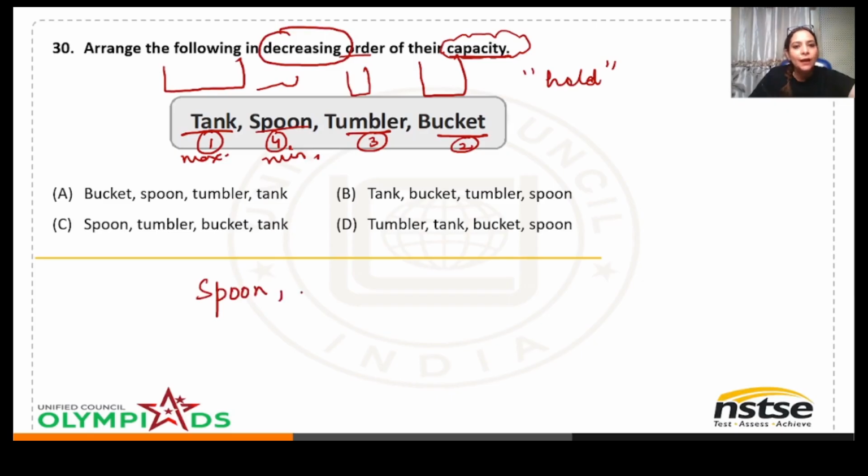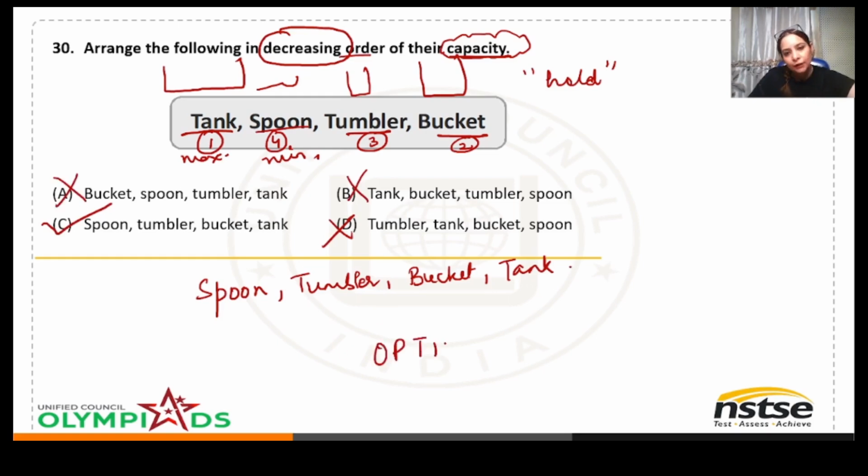Then you have tumbler, then you have bucket, and lastly the one with maximum capacity is tank. So that means here which option is correct? Spoon, tumbler, bucket and tank. Okay, and the options other than this are incorrect. So the right answer is option C.